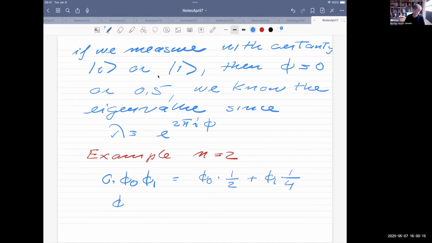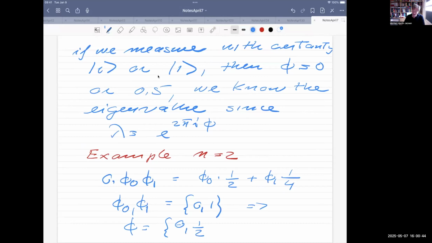And then we remember that phi 0 and phi 1 take values of 0 and 1. And now we are getting a little bit more possibilities. If phi 0 and phi 1 are 0, then clearly phi has to be equal to 0. If phi 0 is 1 and phi 1 is 0, then we get a half.